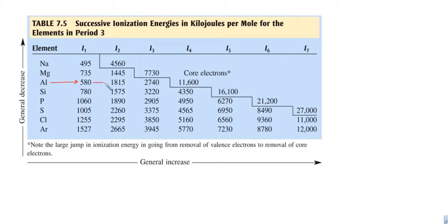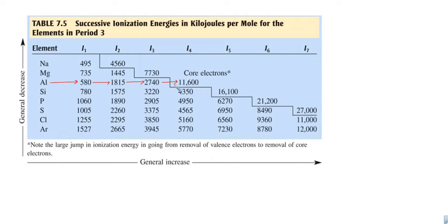Going to the second electron, it increases. Going to the third electron, it increases even more, which is what I expect. There's going to be 13 protons, but fewer electrons. So there's a stronger attraction for the existing electrons. But now look what happens as I go from the third electron to the fourth.